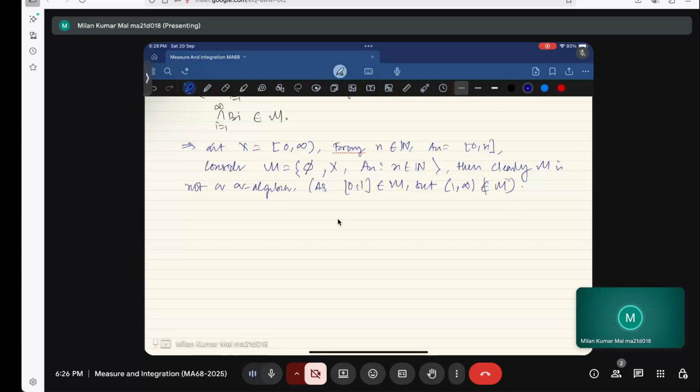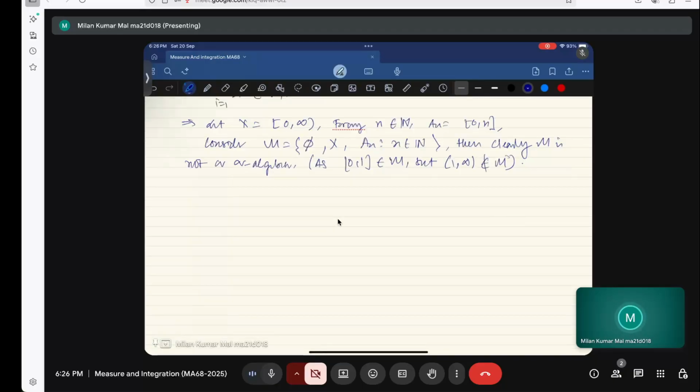So let's check whether this is a monotone class or not. So is there any decreasing sequence? There is no other decreasing sequence one can get. Okay, like, one can take a decreasing sequence.